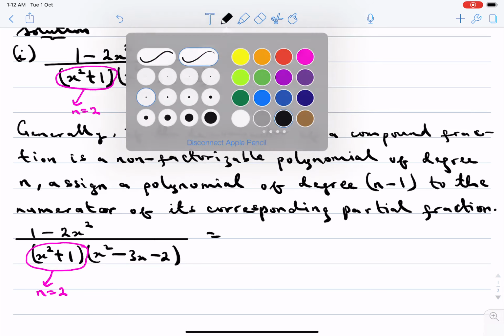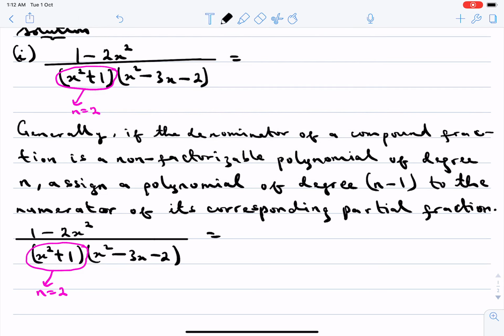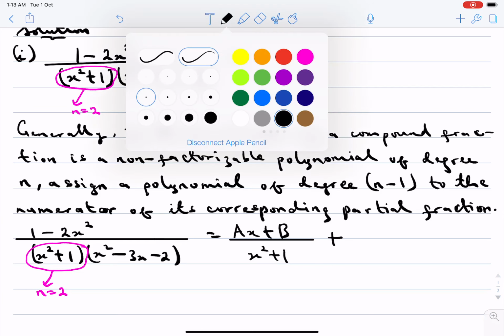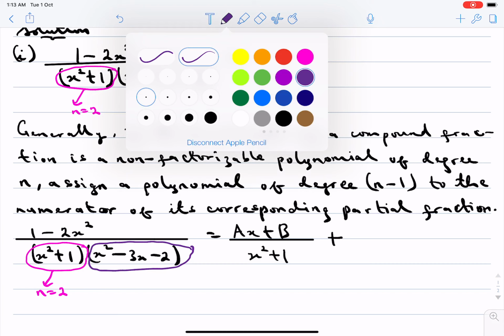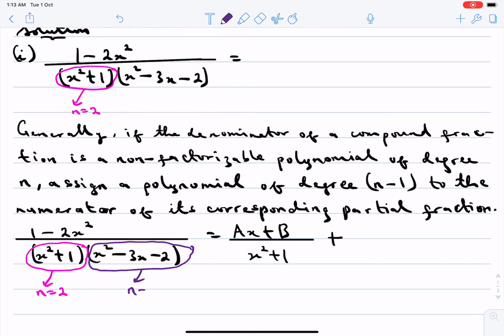The numerator of its partial fraction is going to be of this form: ax plus b, so ax plus b over x squared plus 1, plus the factor x squared minus 3x minus 2, which is also a non-factorizable polynomial of degree 2.